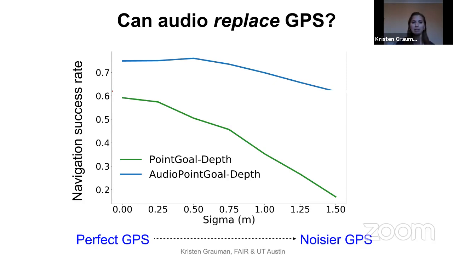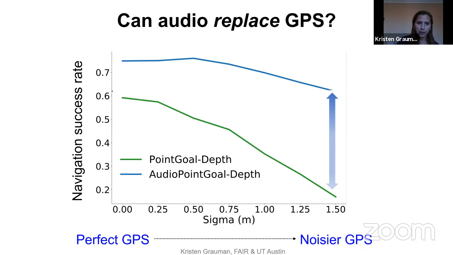So the point goal agent in green will fall down, as can be expected, once the GPS is too noisy on the right-hand side. However, the audio point goal agent that we were just looking at is fairly robust, can tolerate those changes because it too is suffering from the GPS corruption, but it has this audio spatial sensing on which to rely.